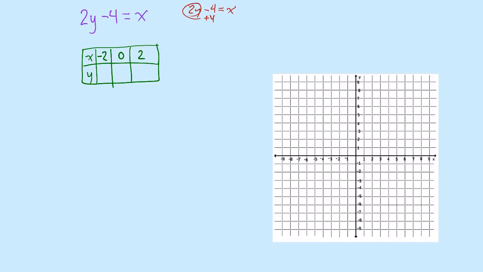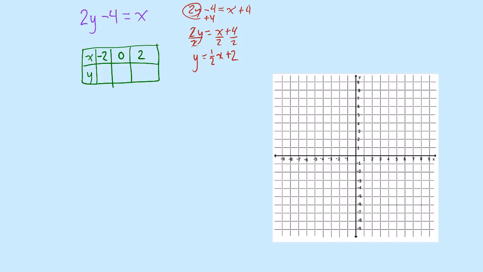If I do it to one side, I have to do it to the other. And we have that 2y equals x plus 4. Now I'm going to divide both sides, or all terms, by 2. So I have here that y equals 1/2 x plus 2.